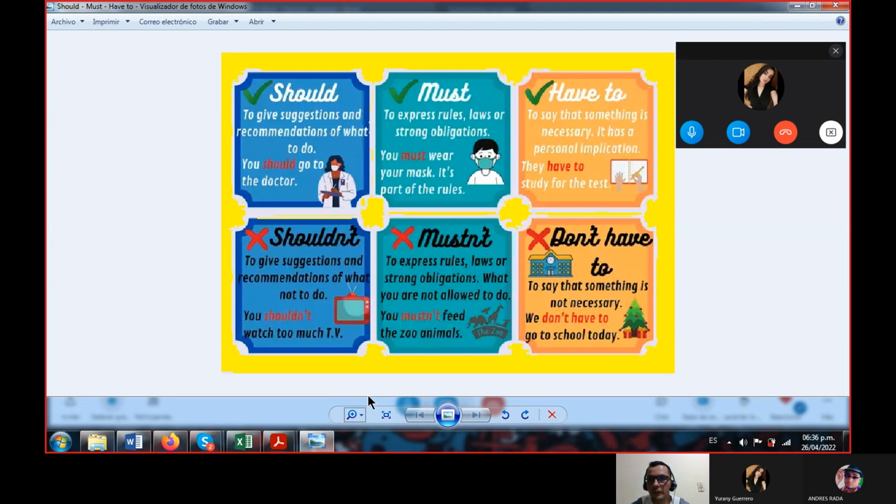With must, for example, you must wear your face mask.